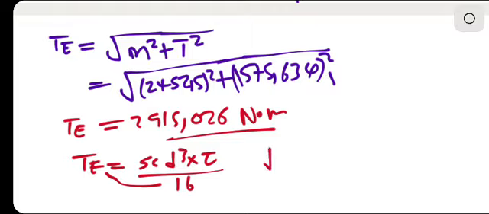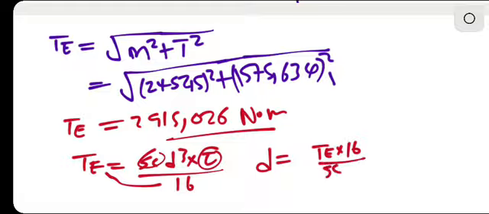If I make diameter the subject of the formula, you multiply TE by 16, divide by these twos. Right, are you with me there? Pi, you multiply by shear stress.